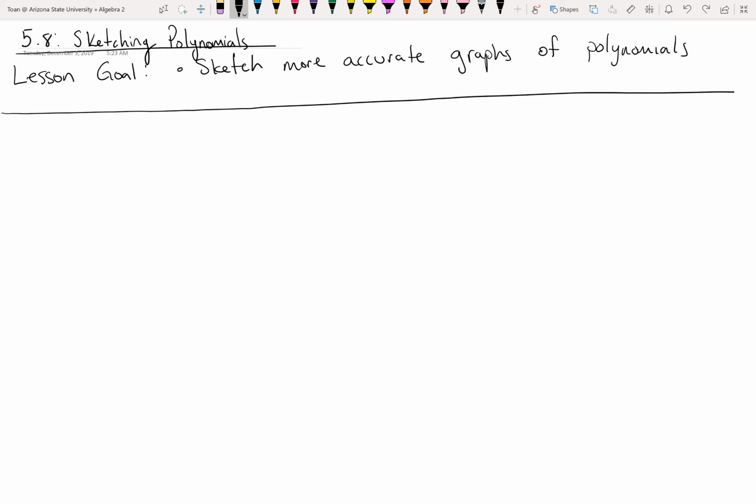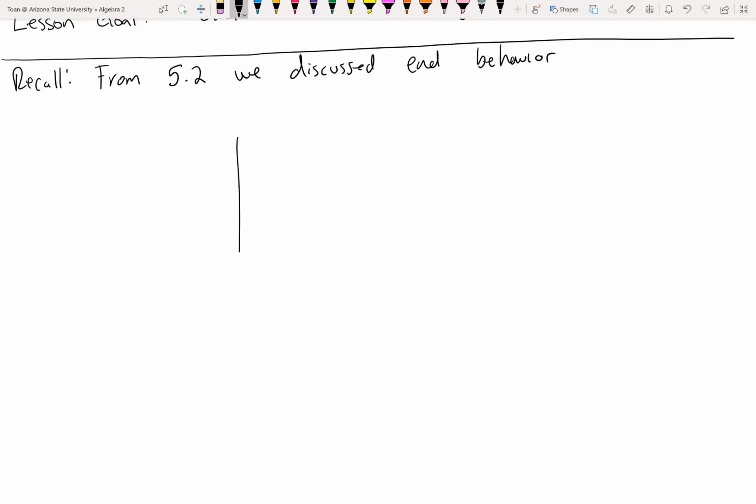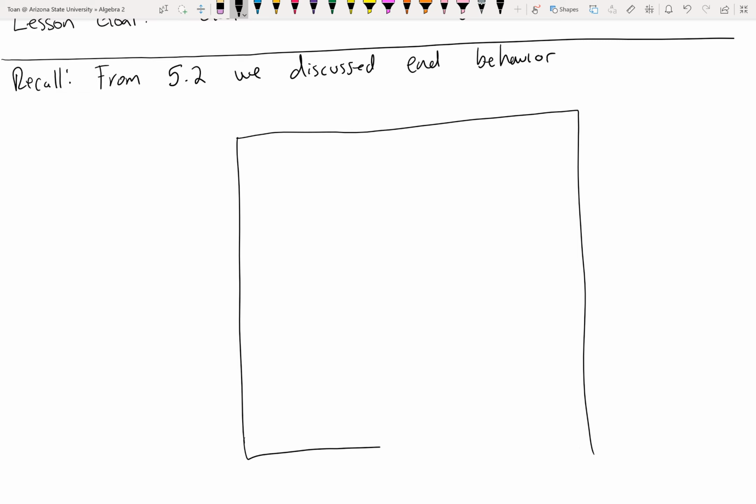Now before we do that, let's recall something from 5.2. From 5.2, we discussed this thing called end behavior. And I think in that lesson, we made a little matrix, a little table here.